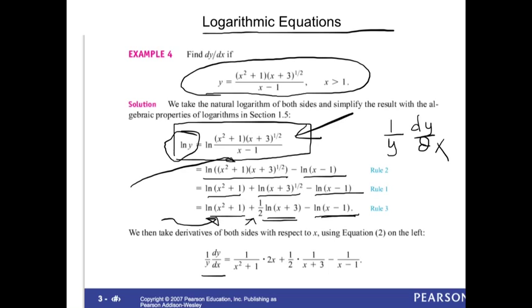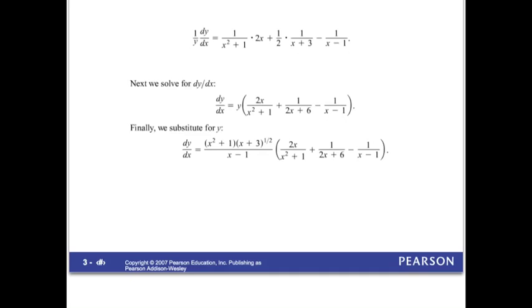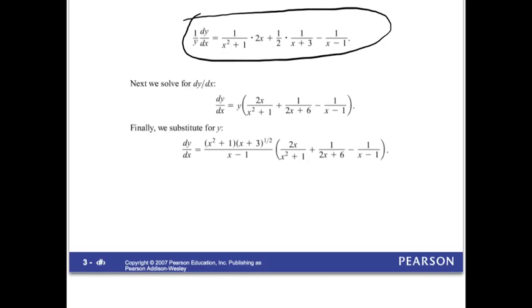We have 1 over y dy dx. And to get dy dx, we just simply need to multiply both sides by y. Well, y is just simply what we've already written down. So we'll rewrite what we said was 1 over y times dy dx.